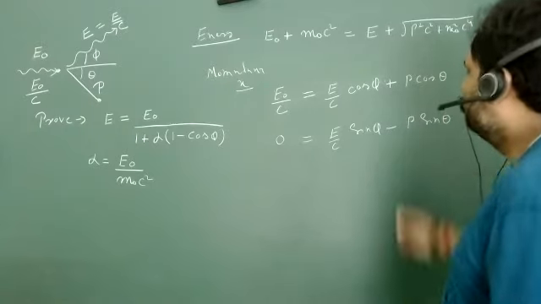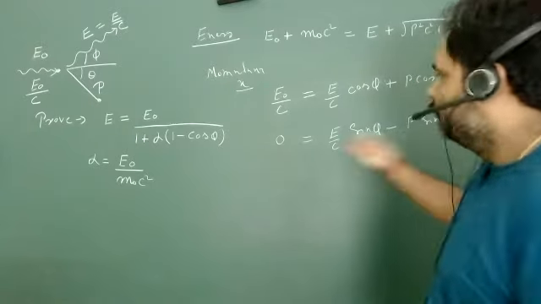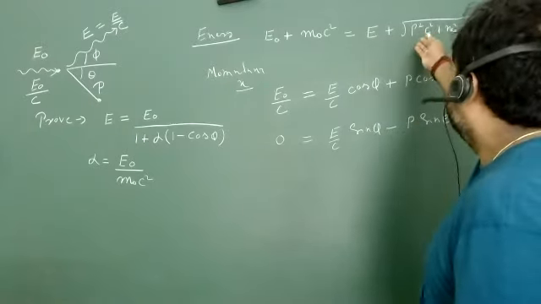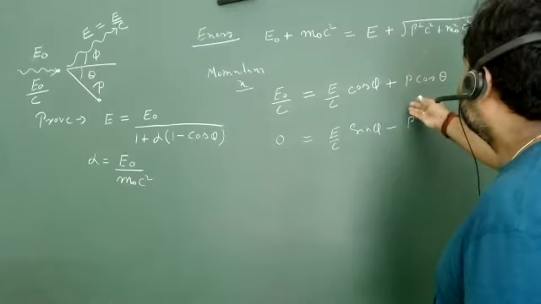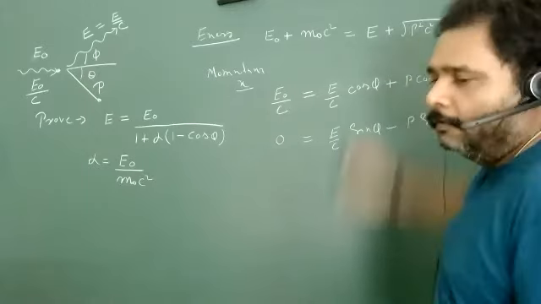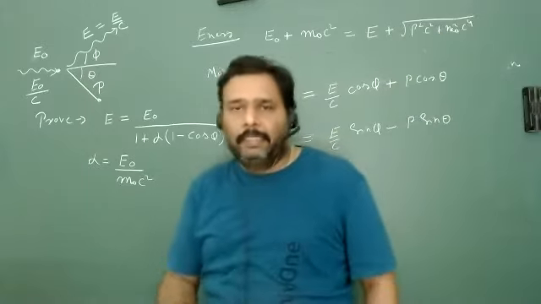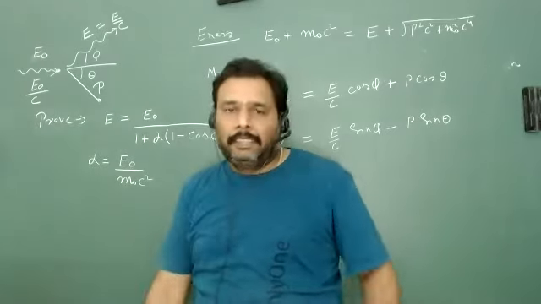Now what will you do? You will find the value of P square c square here, and you can easily calculate it as we have calculated in the last class.